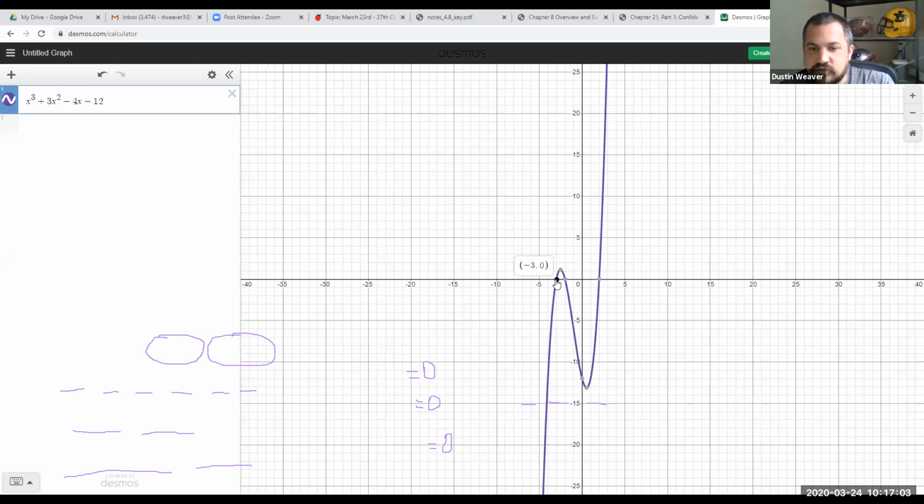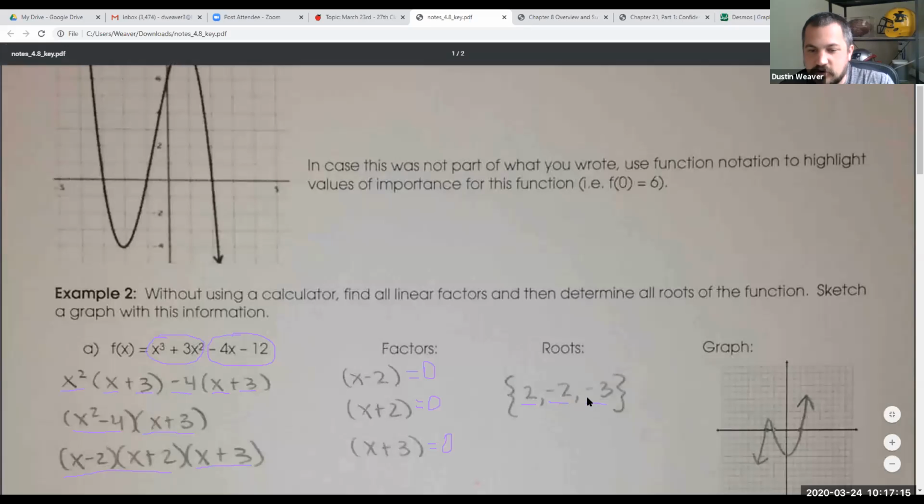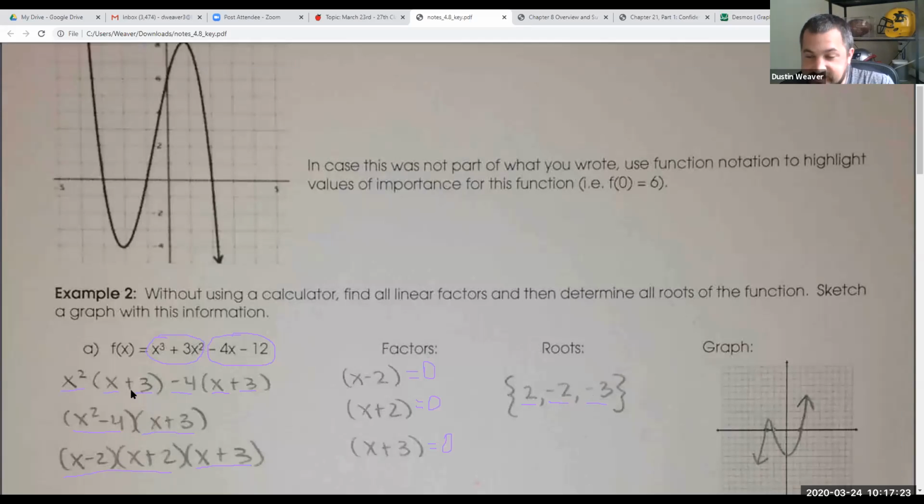But notice the things I want to click on is where it crosses the x-axis. Those are negative 3, negative 2, and 2. If I go back, those are our 3 roots. So could I have gotten the 3 roots without solving the equation? Yes.